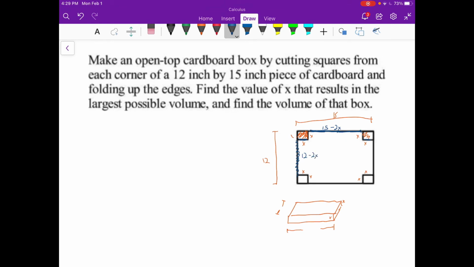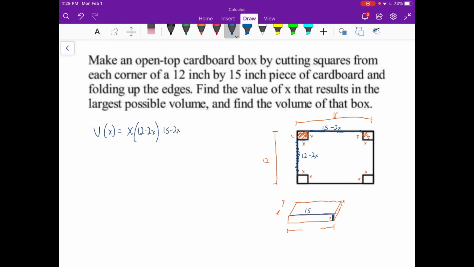So we have those dimensions, and we're doing that because we want to find the volume. And maybe I should have mentioned that earlier. We want to find a function for volume. Well, volume of a box is length times width times height. So we'll put the x first, that's the height, times 12 minus 2x times 15 minus 2x.